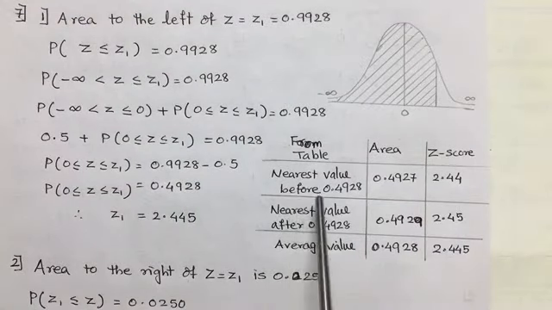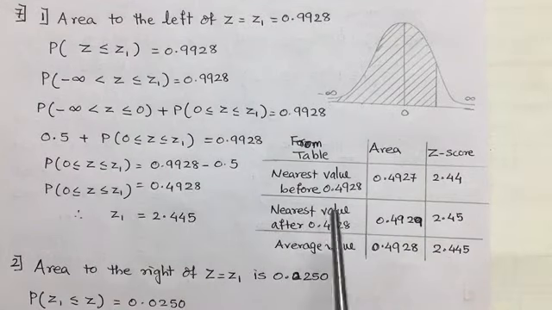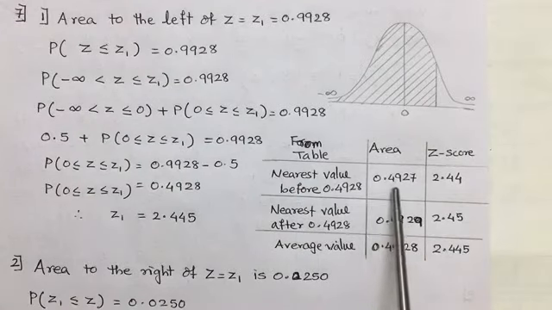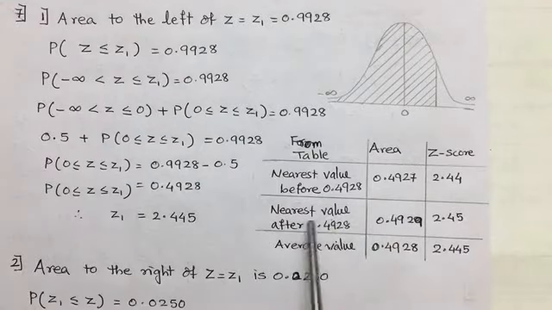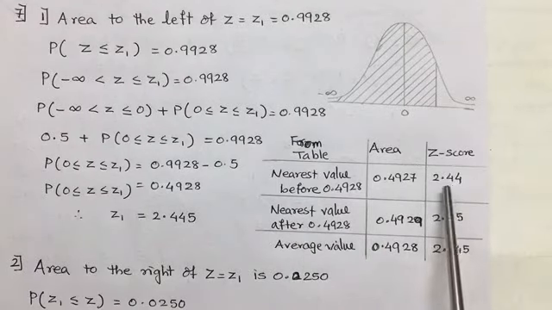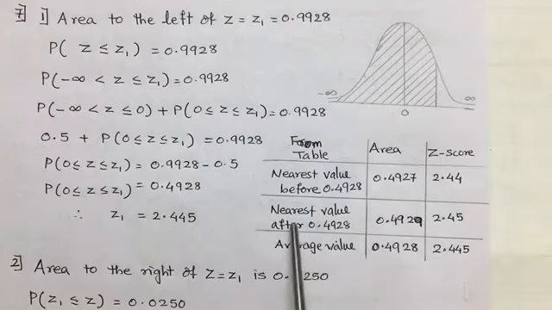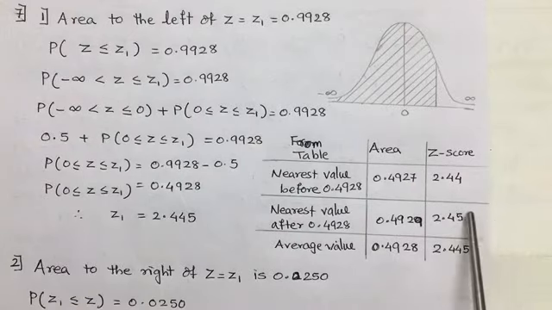As the exact value we did not get, we will write the nearest value before 0.4928, which is 0.4927, and the z-score is 2.44 because in the line of 2.4 we have seen it. Nearest value after 0.4928 is 0.4929, and the z-score value in the line of 2.45 is being seen.